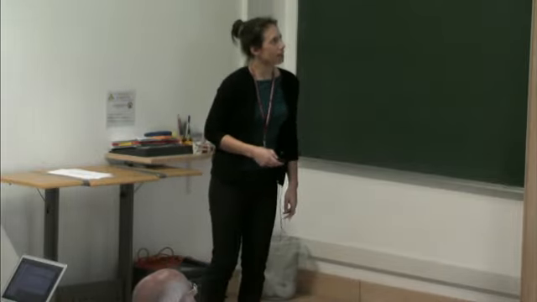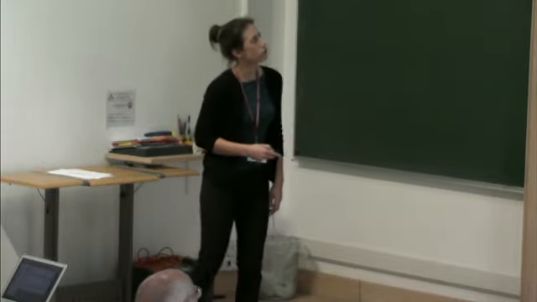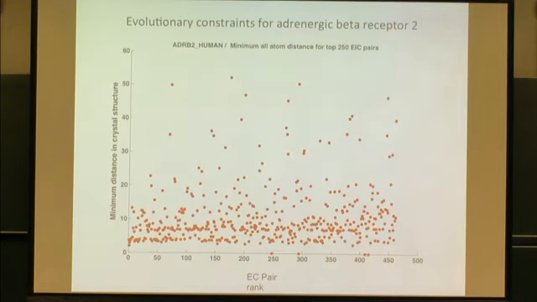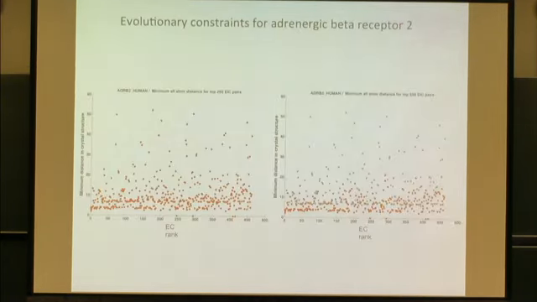There are some details about that I won't go into in too much depth. This is our input data, these are our pairs, and these are how far apart they are in the crystal structure. So we went from this plot to this plot. This is very automated, so we're removing pairs that are close in structure as well as pairs that are far apart in structure.